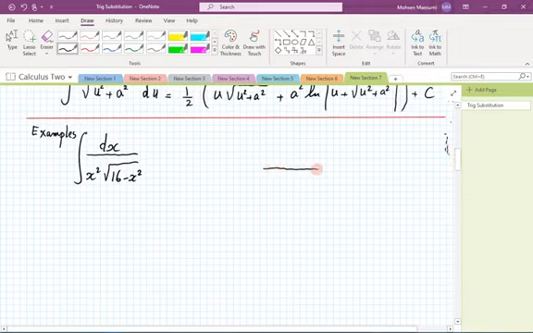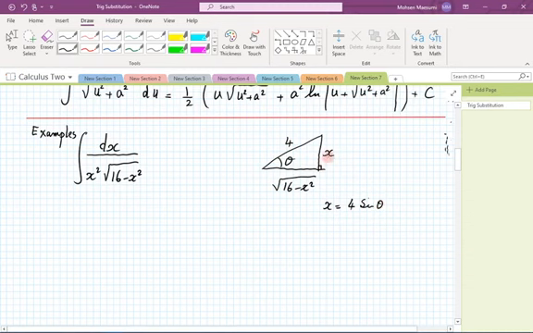So I'll draw an example with hypotenuse being 4, this angle call it theta, opposite of that is x, and the third side is going to be the square root of 16 minus x squared by the Pythagorean theorem. We said we take x to be 4 sine of theta.